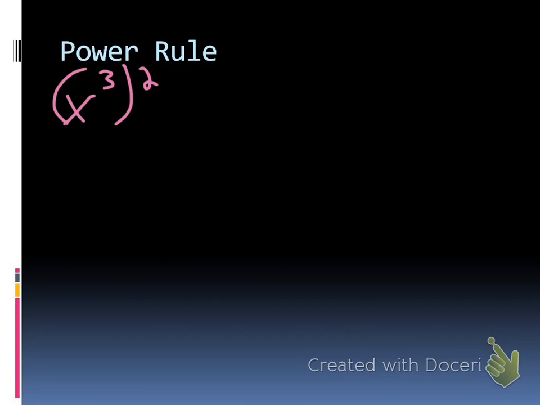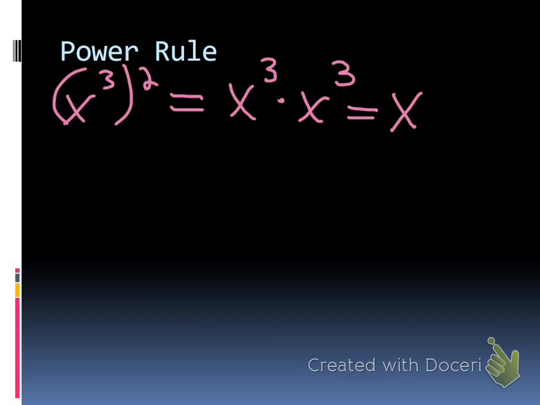Okay, let's look at the power rule now. Before we even give you the rule, I want you to look at an example. When I talk about power rule, it's really power to a power rule. I could rewrite x cubed to the second power as x cubed times x cubed. That's the definition of squared, or to the second power. Now I'm just multiplying two powers, and that means I add the exponents.